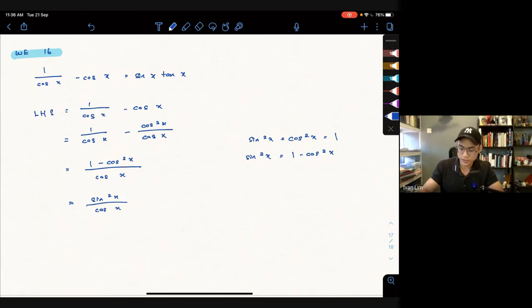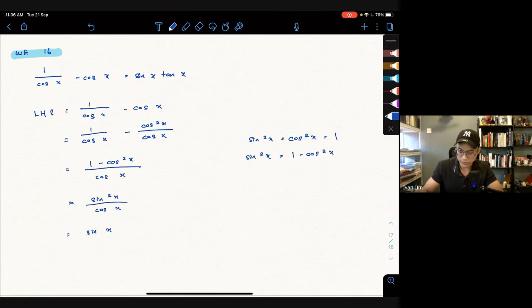Sine square x over cos x is good. Why? Because tangent. So you need to observe your right-hand side also. Tangent, right? So sometimes you can work both ways also. Tangent is sine over cos. Can I make a sine over cos appear here? Sine square x over cos x? I can, right? Okay, let's separate the sine square x to sine x times sine x.